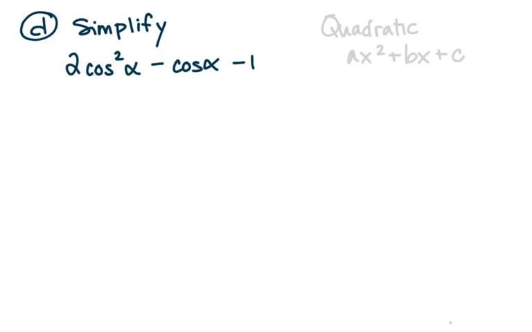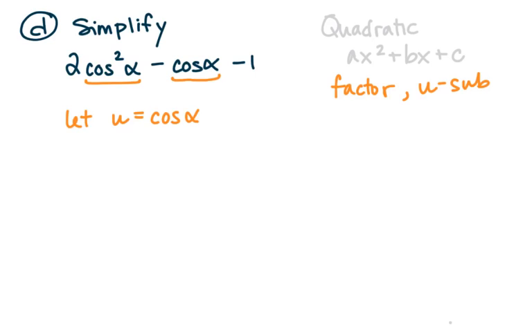So in this situation, we can factor using the AC method, bottoms up method, or just guess and check. But we're going to factor using a U sub. So I'm going to say, I don't like these cosines. They just make it look confusing to me. So I'm going to come over here and say, let U equal cosine of alpha.